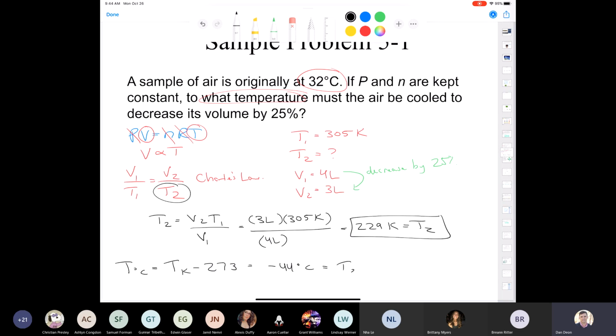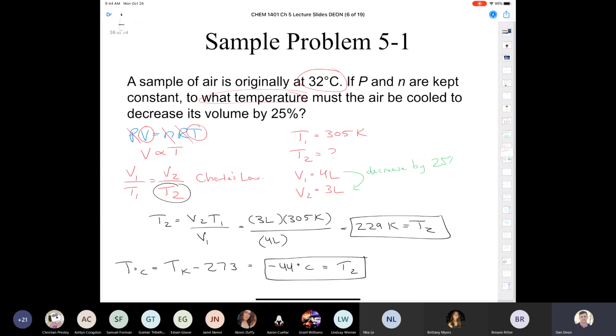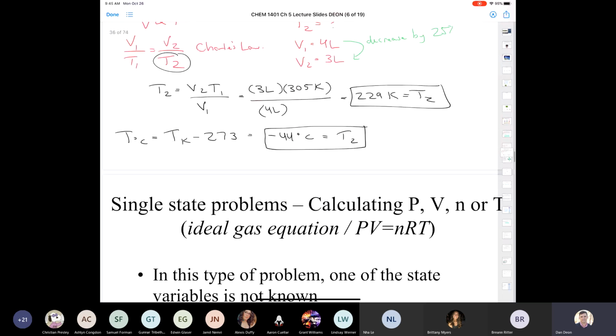So either one is an acceptable answer, but as you know, if you've written any exams in Chemistry 1401, in multiple choice questions, we love to mix up units. We'll make you solve it in Kelvin and give you the answers in degrees Celsius, but that's just a way to ask our students more than one thing in the same question, just to be sure they're on their toes.